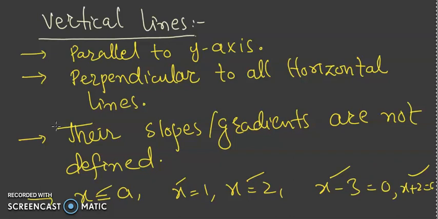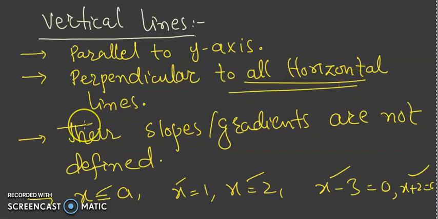If you are asked what is the perpendicular line to any vertical line, you will say that every horizontal line is going to be perpendicular to a vertical line, and every vertical line is going to be perpendicular to every horizontal line. Let's see them a bit more clearly.